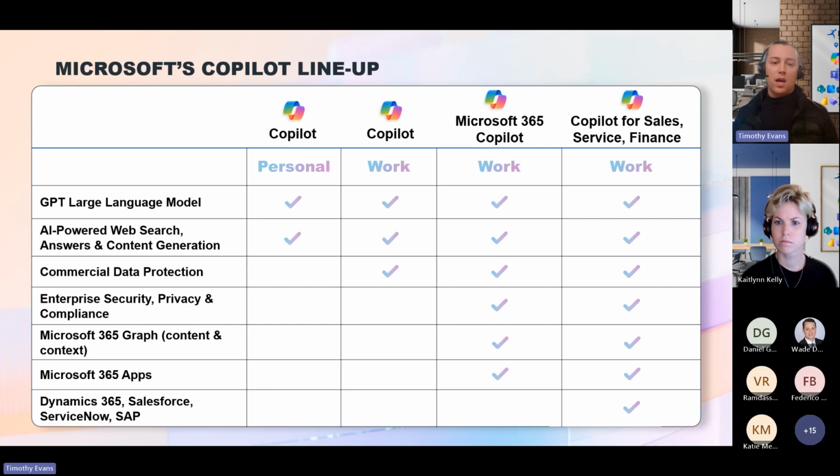They give you everything that you have access to in Microsoft 365 Copilot, but it also can plug into Dynamics 365, Salesforce, ServiceNow, Zendesk, and all of those other tools. So when we think about becoming really specific with our generative AI tools, Copilot for Sales, Service, and Finance can really nail down the use cases that your organization's specific departments might have.